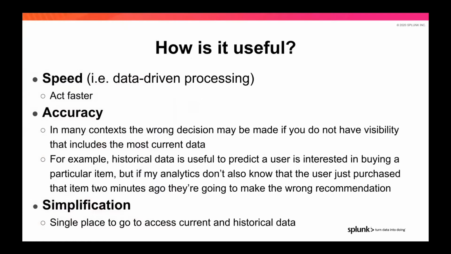That is one of the benefits of querying not only your historical data, but also your very recent data. As an example, historical data is useful to predict that a user is interested in buying a particular item. But if my analytics don't also know that the user already recently purchased an item, I might be making some wrong recommendations to the user.